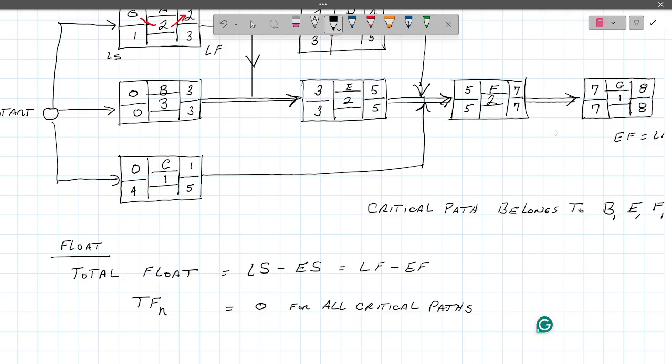So TF subscript N for the activity is equal to 0. Let's do it this way. Does that make more sense? Okay.